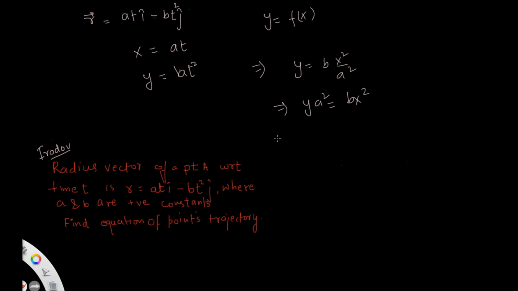Now I would like to leave you with a question so that it will strengthen your concept of finding the trajectory, which is nothing but projectile motion. This is a concept that you have learned before. In projectile motion, we have a particle thrown at a velocity v at an angle theta. Here you can easily find x as a function of time, then y also as a function of time, then you can eliminate time and finally find y as a function of x.